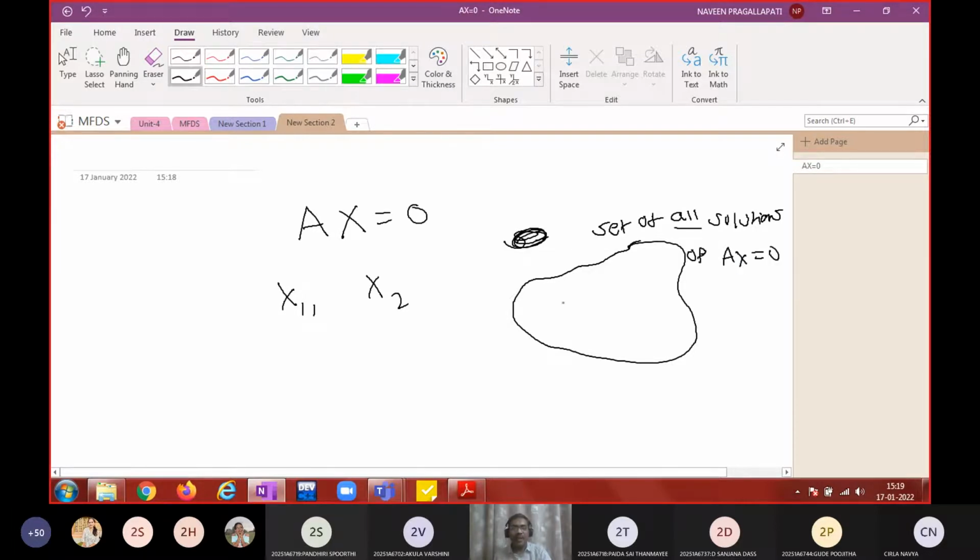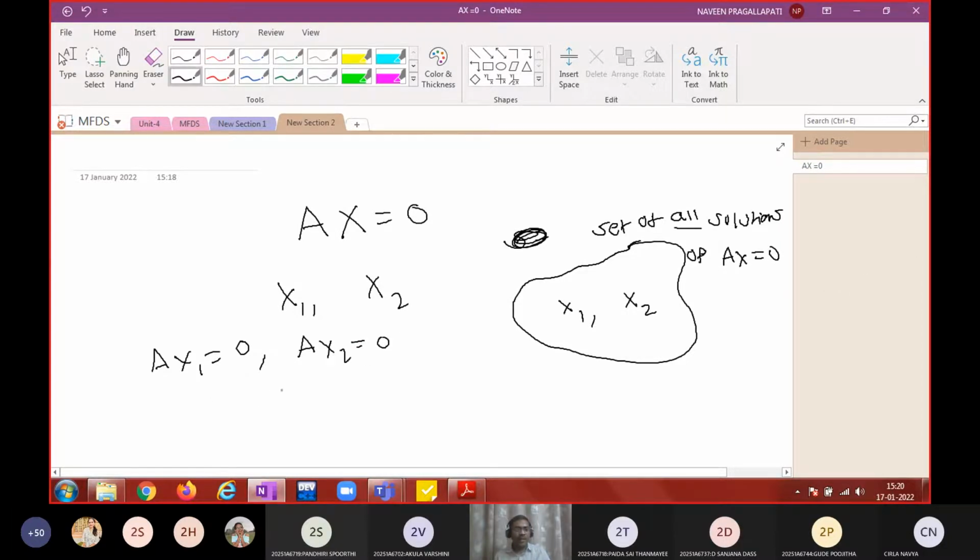I take a solution x1 and another solution x2. Solutions means they satisfy the homogeneous system, no? That means Ax1 equals 0 and Ax2 is also equal to 0.